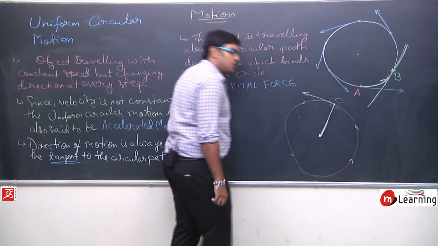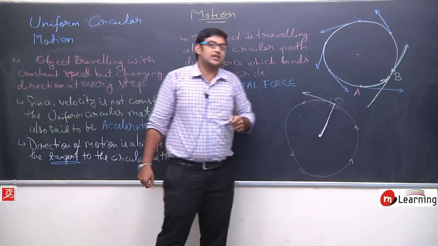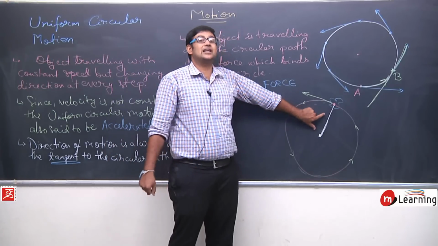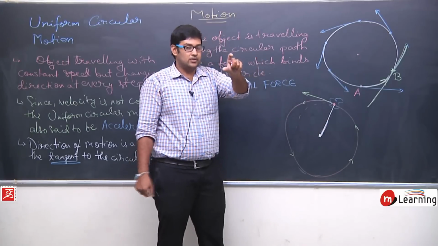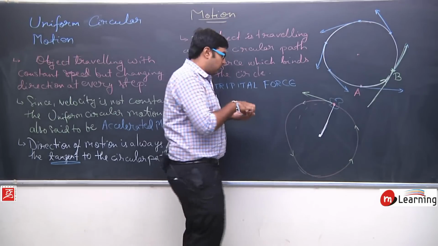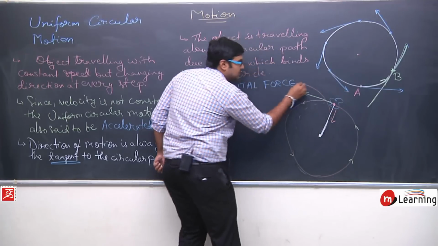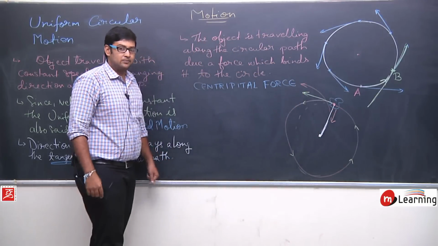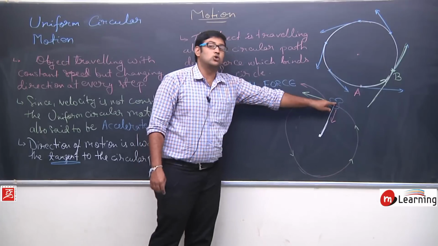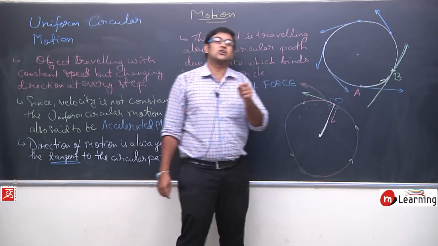But the stone is not leaving its circular path. Why is it possible? It's possible because of this thread. The thread is keeping the stone along this circular path by applying a force. The force that this thread applies on the stone is known as the centripetal force. I will say that this thread is applying centripetal force on this stone so that it can keep moving along this circular path.